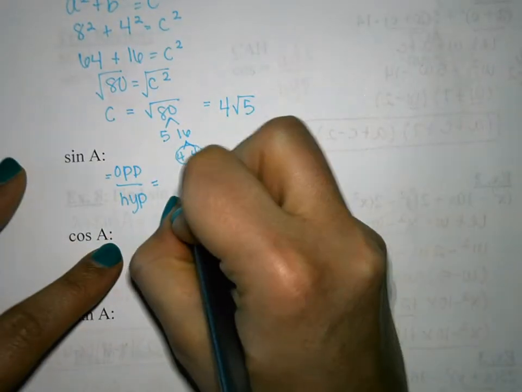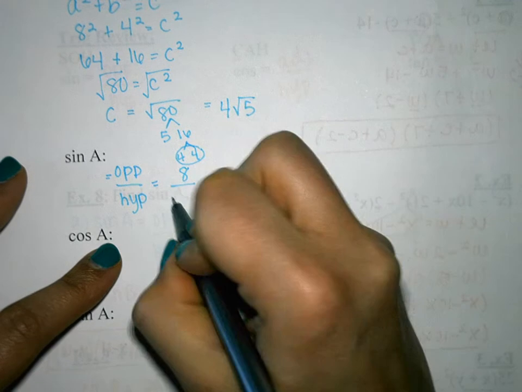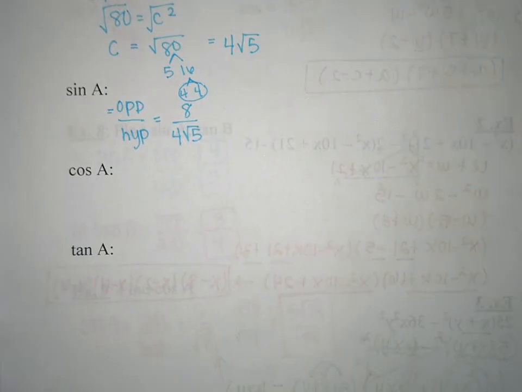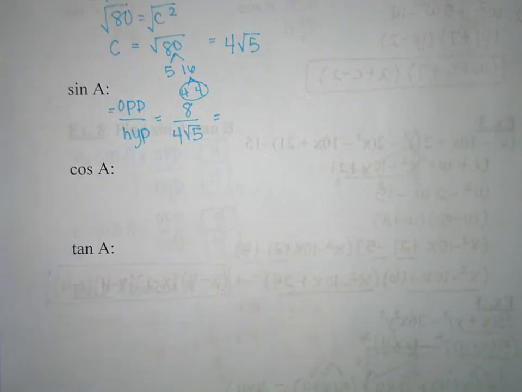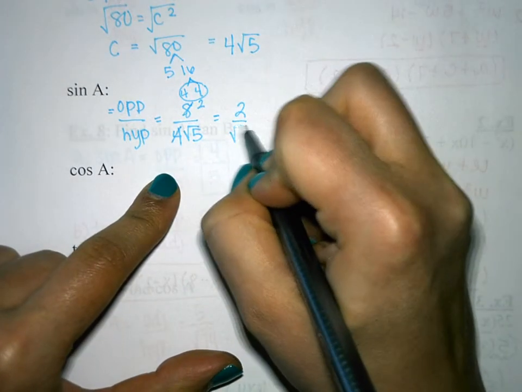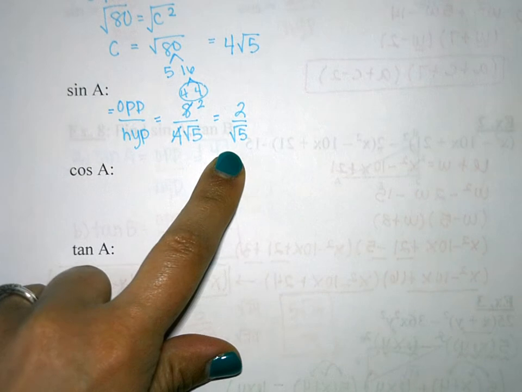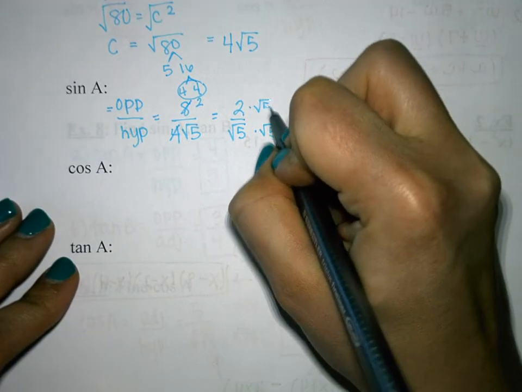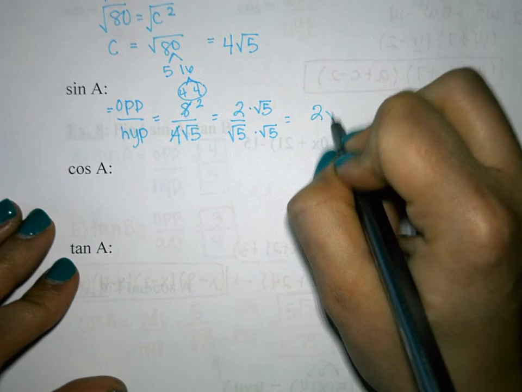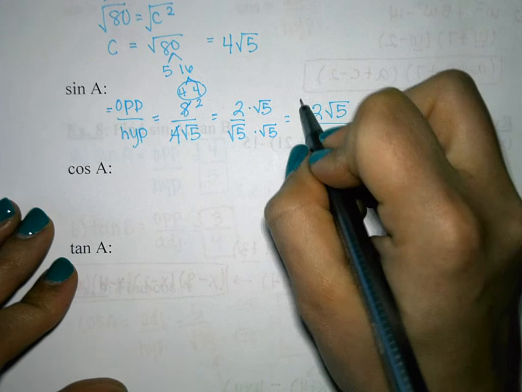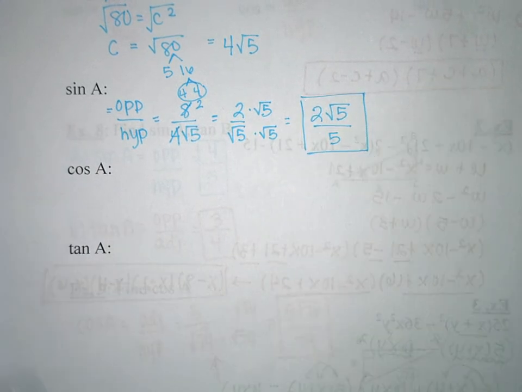So that's going to be 8 over hypotenuse, which is 4 root 5. Let's reduce the 4 and the 8. 4 goes into 8 twice, so that's going to be 2 root 5. However, I don't like root 5 in my denominator, so let's rationalize by multiplying by root 5. 2 times root 5 gives me 2 root 5. Root 5 times root 5 gives me 5. So the sine of angle A is 2 root 5 over 5.